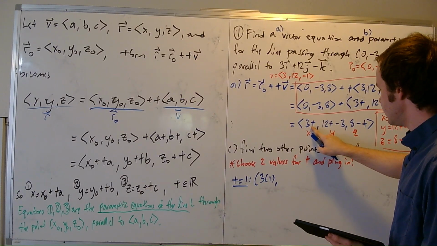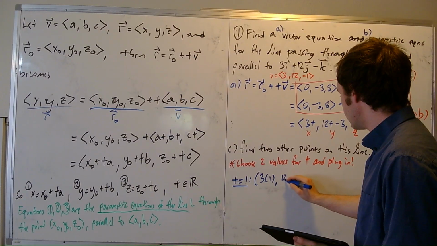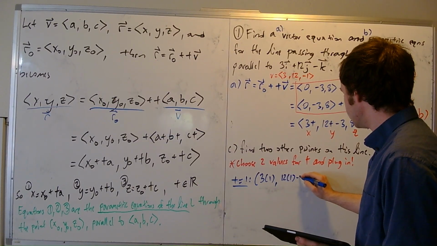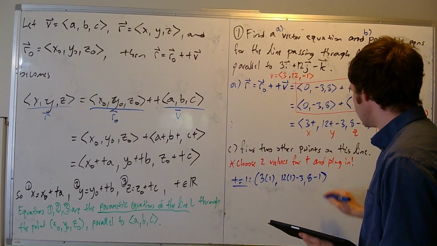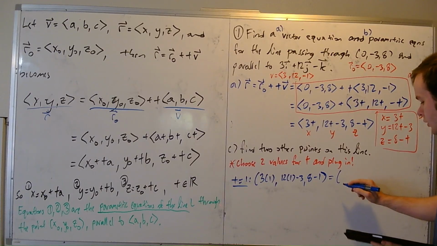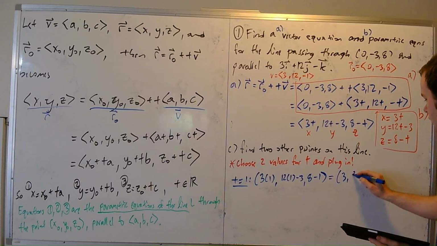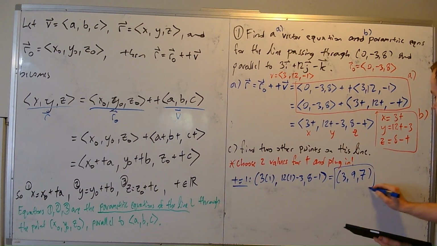So plugging in t equals 1, we get 3 times 1, 12 times 1 minus 3, and 8 minus 1. If we simplify that, that's going to be (3, 9, 7). So that's another point on this line, and that's one of our answers.